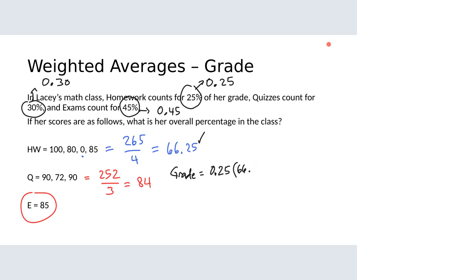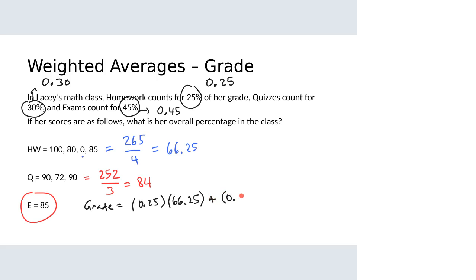Let me start over down here. Sorry about that. 25% of her grade is a 66.25. And so we're going to multiply those together. 30% of her grade is an 84.